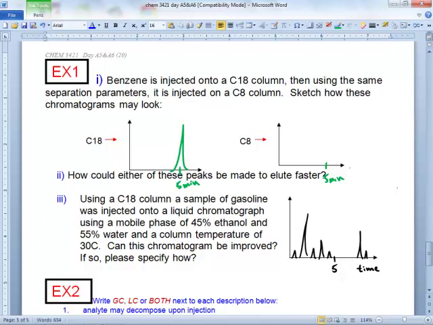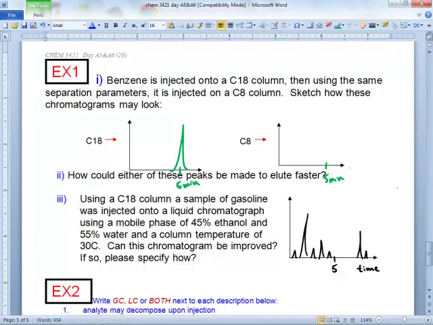So which one dissolves benzene better, C18 or C8? C18. Because benzene's an organic compound. So the more organic your stationary phase is, the more it's going to dissolve in there. But that's not the word we're supposed to use. We're supposed to use the word, it's just an R. The more it's retained, right?